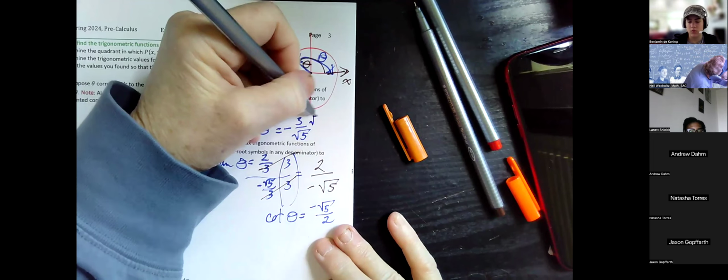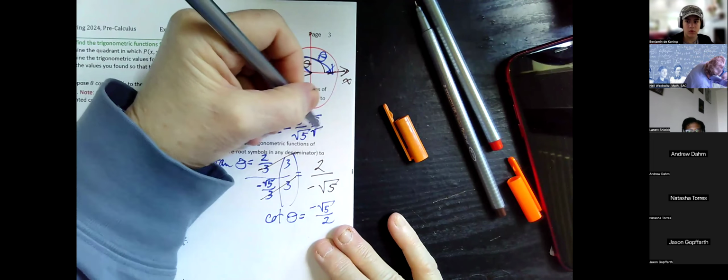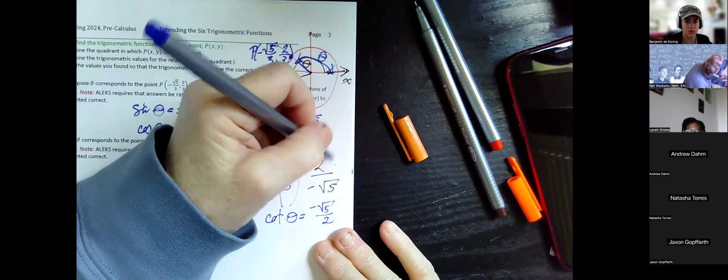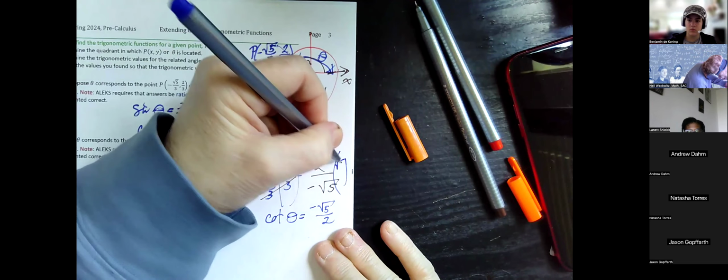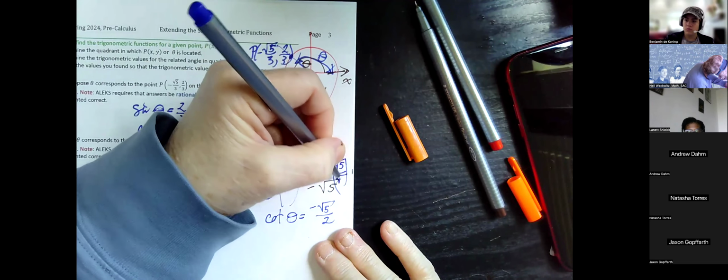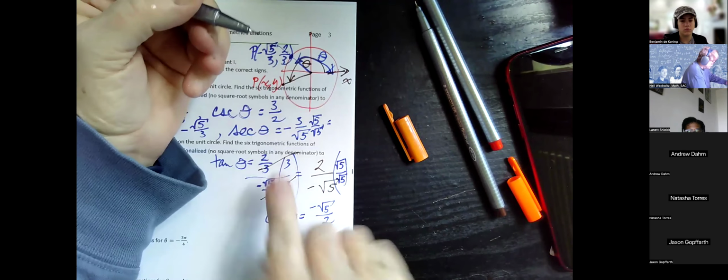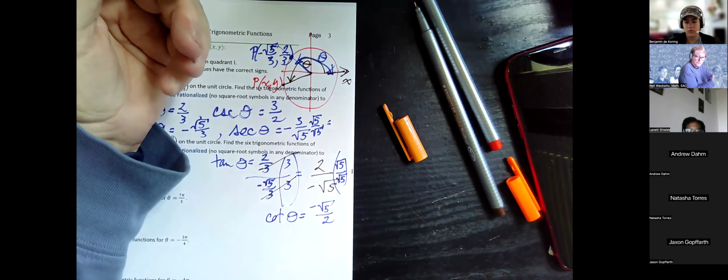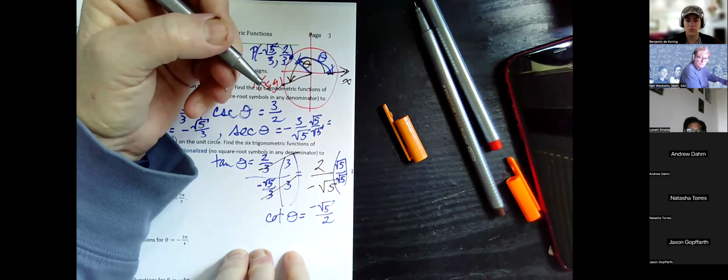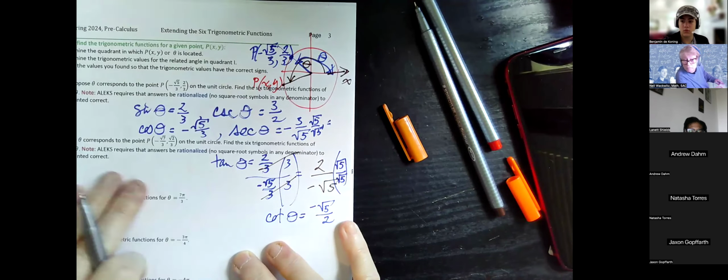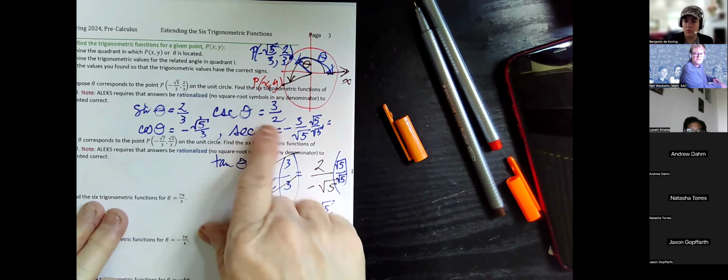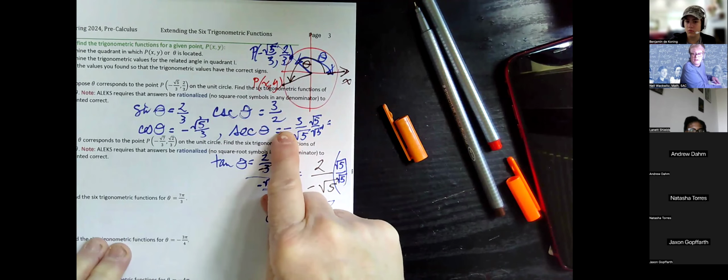So we've got square root of 5 over square root of 5 here, and square root of 5 over square root of 5 here. In the top one, we have a negative times a positive. So we wouldn't multiply by negative square root of 5, because the negative is going to stay.